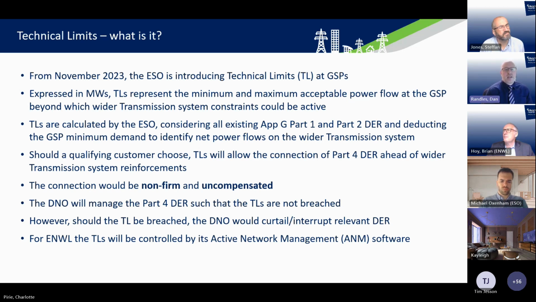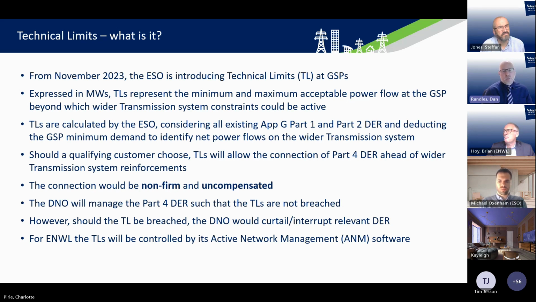and they would have firm access. The DNO is required to ensure that any customers that do take advantage of technical limits operate such that they don't breach those limits, and if at any point the limits are breached, then the DNO would need to take an action to essentially curtail or interrupt the relevant DER. What you'll find as you're engaging with different DNOs on technical limits is that there are different ways in which organisations are rolling out the actual infrastructure required to manage technical limits.